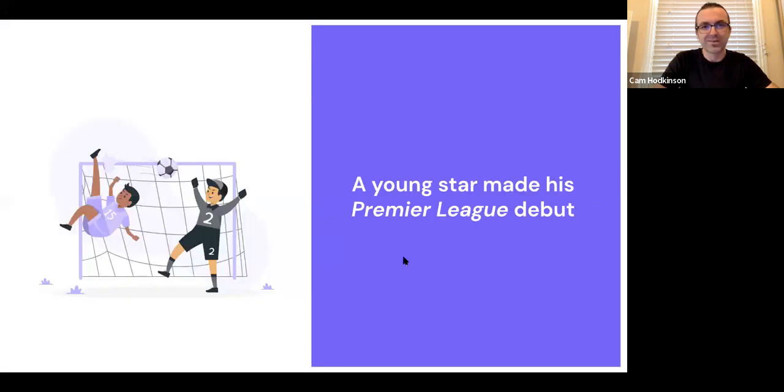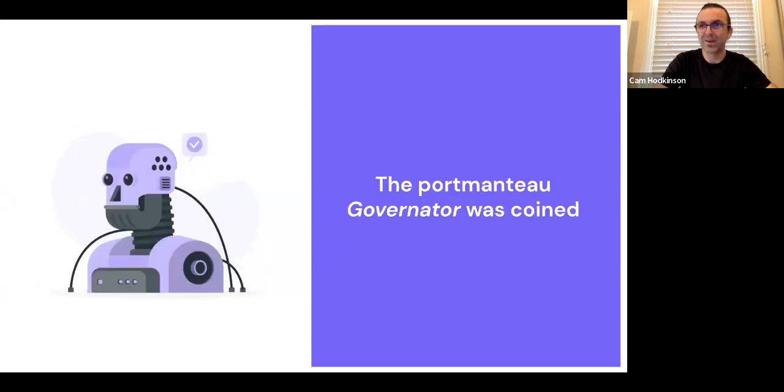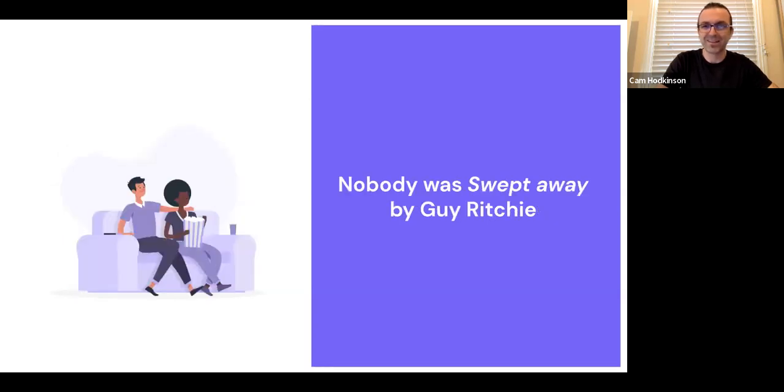It's a world where a very young Cristiano Ronaldo has just entered the world stage with Manchester United as a fresh-faced 18-year-old, where Arnold Schwarzenegger has just become the 38th governor of California, surprisingly, but also coining a whole new term.